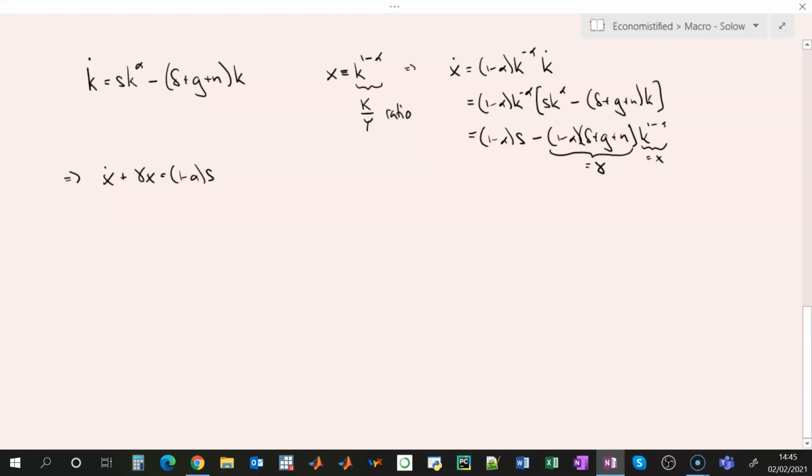Now, to solve a linear differential equation of this form, which is a non-homogeneous differential equation because we have this constant term on the right-hand side, we can introduce an integrating factor. And our integrating factor here is going to be e to the power of gamma t, where gamma is our coefficient on the x here. And I'm going to multiply both sides of this differential equation by our integrating factor.